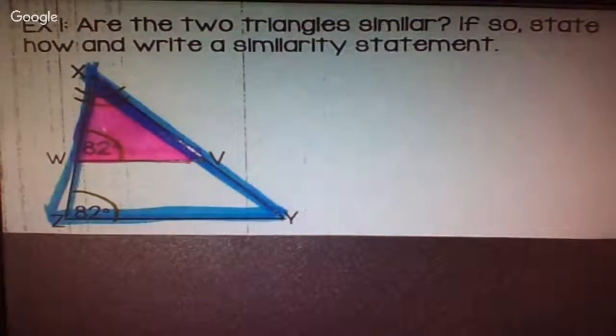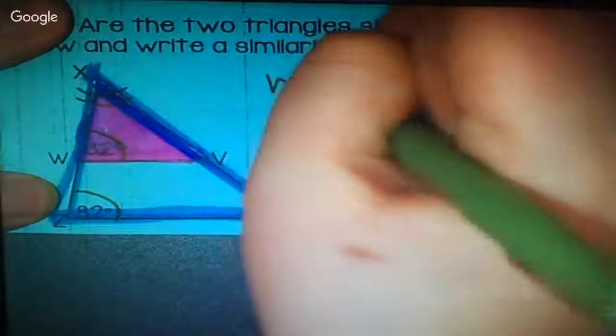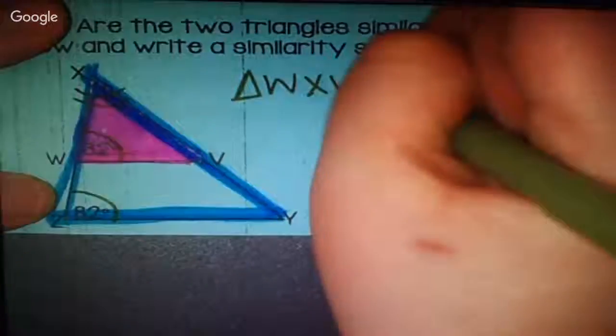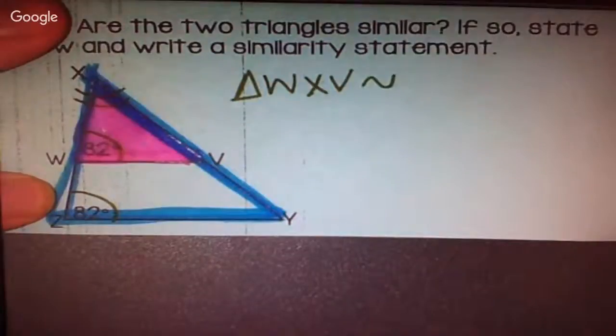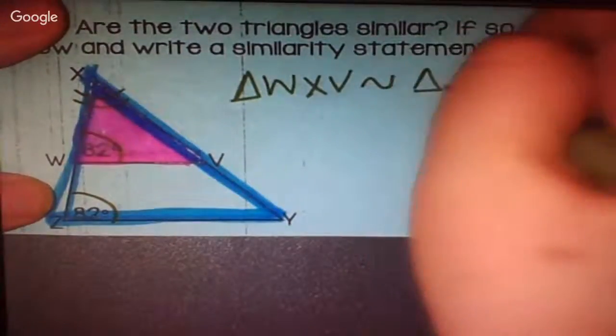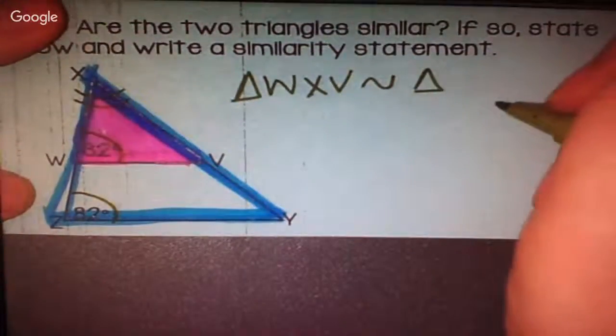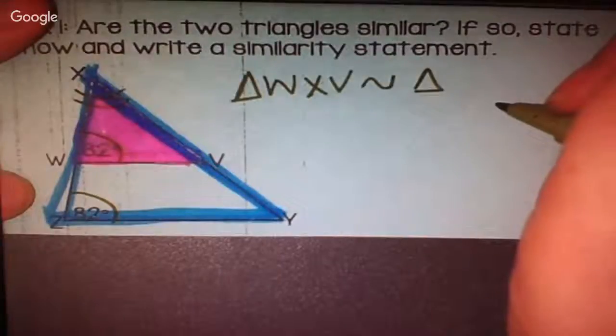I did. Okay, so because they share angle X in common, we can say that triangle WXV is similar to triangle, and it's the same thing when you label these triangles like you do congruent.